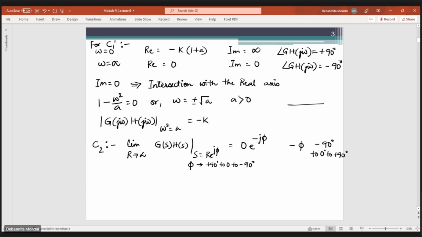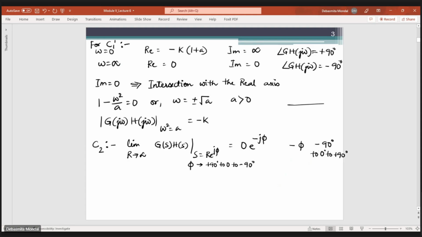And here you see that it is encircled once in the clockwise direction, so N will be equal to minus 1. So the value of Z will be equal to P minus N, which will be equal to 2. That means you have two closed loop poles in the right half of the S-plane. For k less than 1, the closed loop system is going to be unstable, and for k greater than 1, the closed loop system will be a stable one.